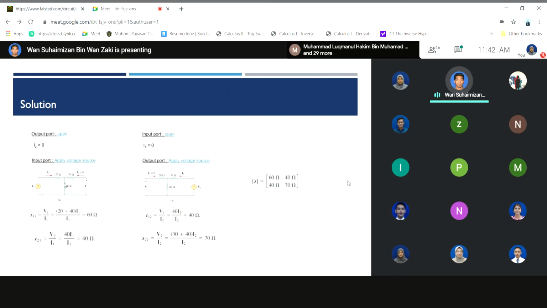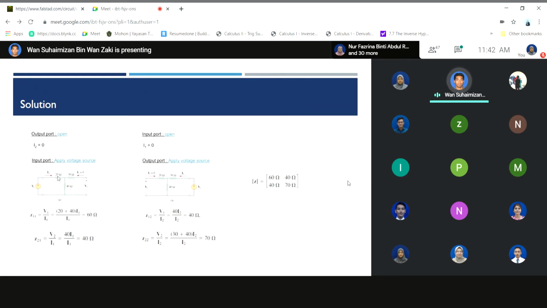So what is the V1? This is your V1, and then this part is your V2, right? Then this is I1, and going to this circuit is I2. The point here is that you need to determine the ratio between V1 and I1. So when I2 equals to 0, there is no current across the 30 ohm.